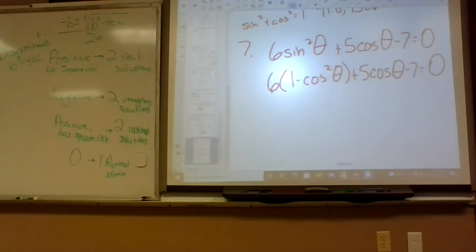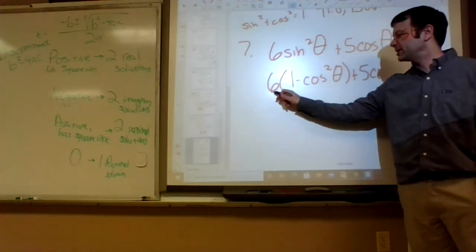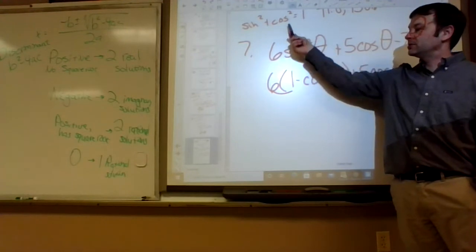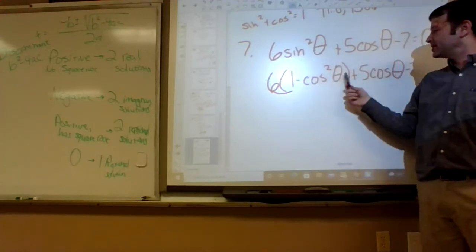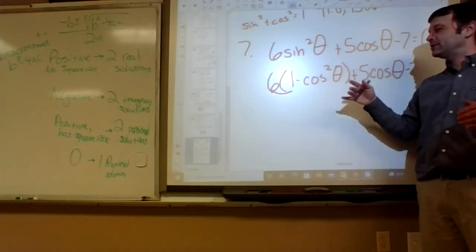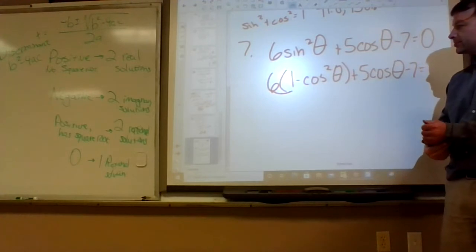Are you guys following that? I replaced sine squared with 1 minus cosine squared. Why did I do that? Because there was a cosine over here, and they both need to be the same to do that factoring thing, like we did on the last problem.